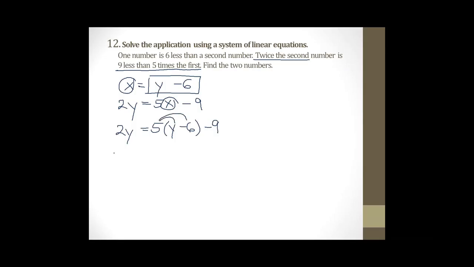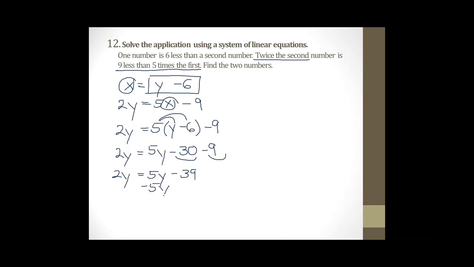Distributing, 2y is equal to 5y minus 30 and minus 9. Now combining like terms, these are my two like terms. So I have 2y is equal to 5y minus 39.